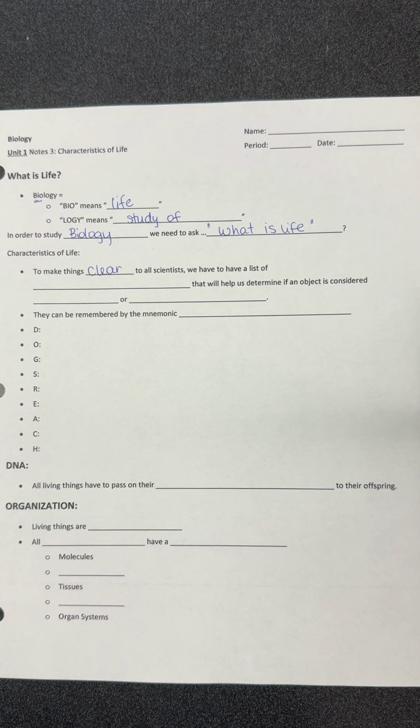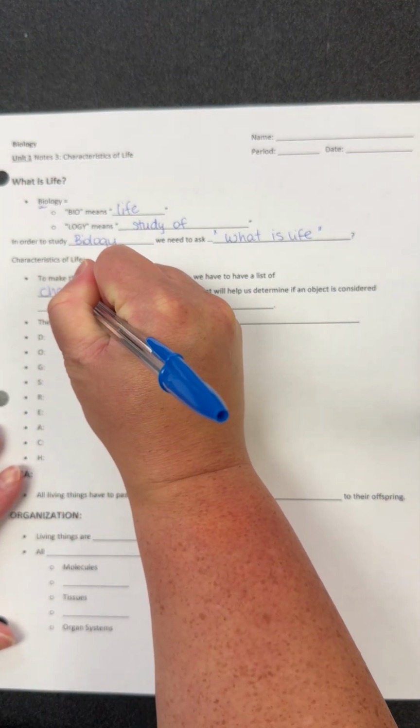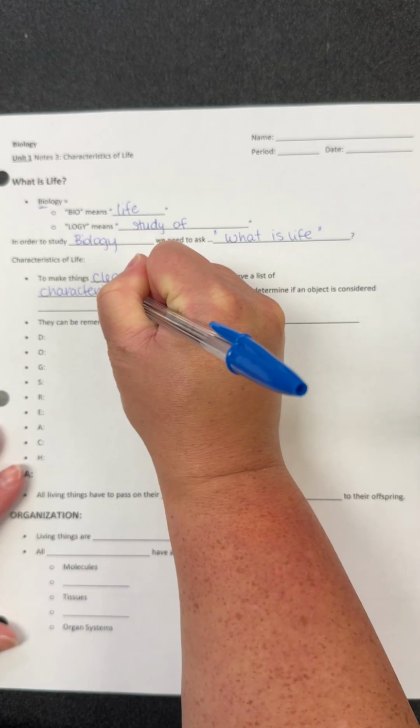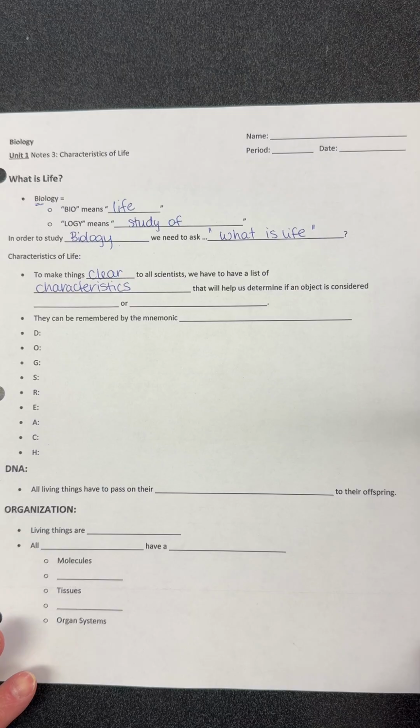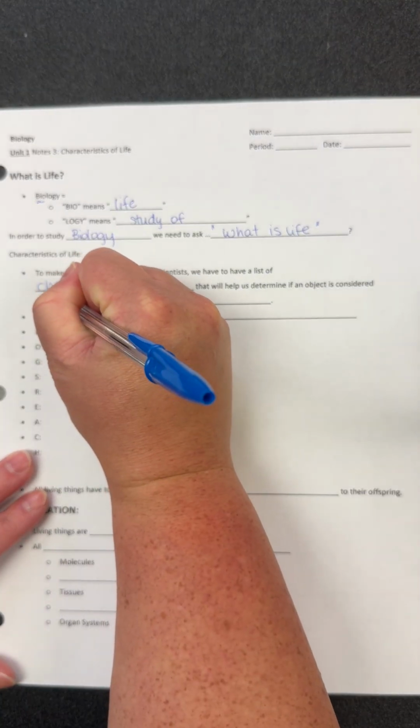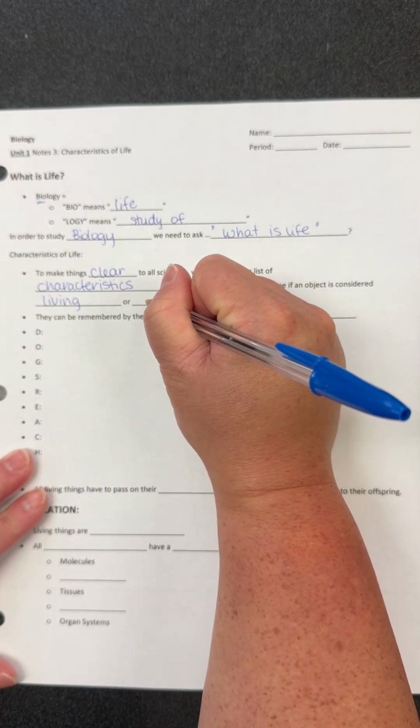Or maybe in Germany, a qualitative observation that we've made might be understood differently. So we have these lists of characteristics that are clearly understood by scientists pretty much everywhere, and they help us to determine if an object is considered living or non-living.